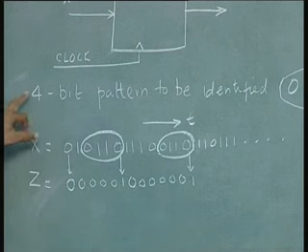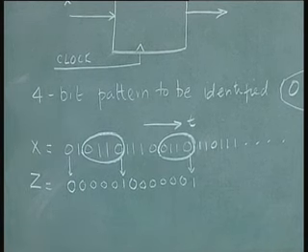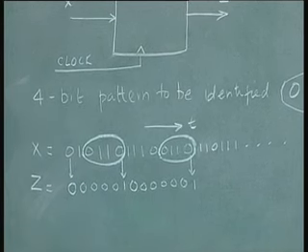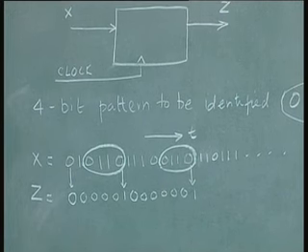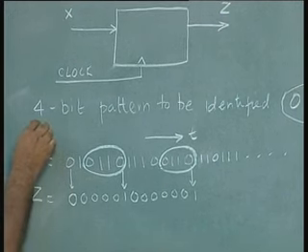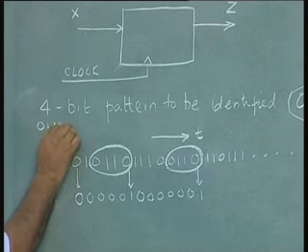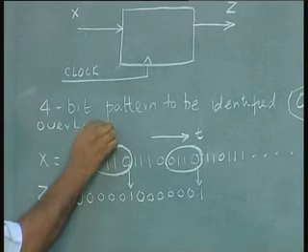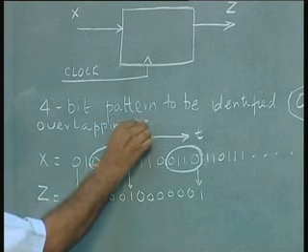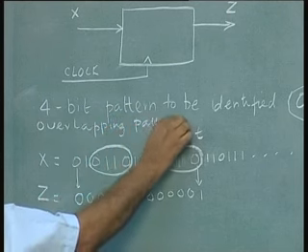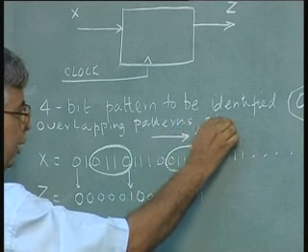Even overlapping bit patterns should be identified. So, that means my problem has to be completely and clearly defined. So, I will have to say overlapping patterns should also be identified.